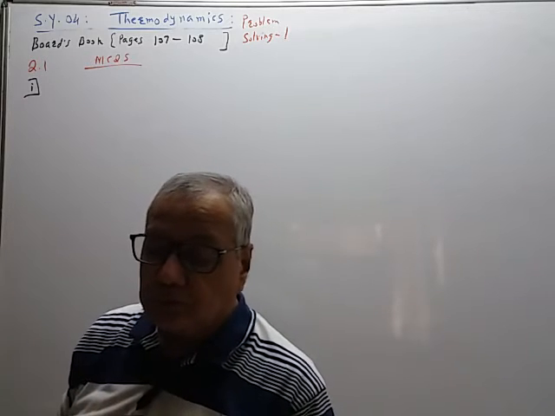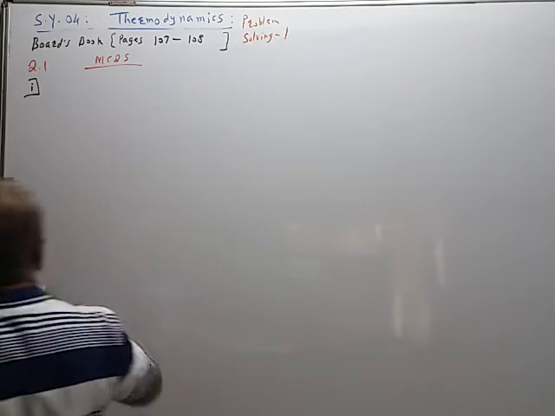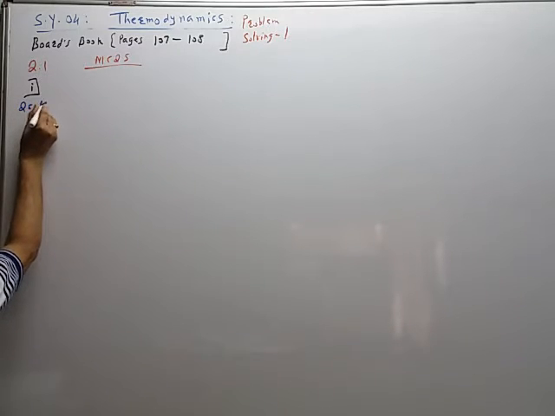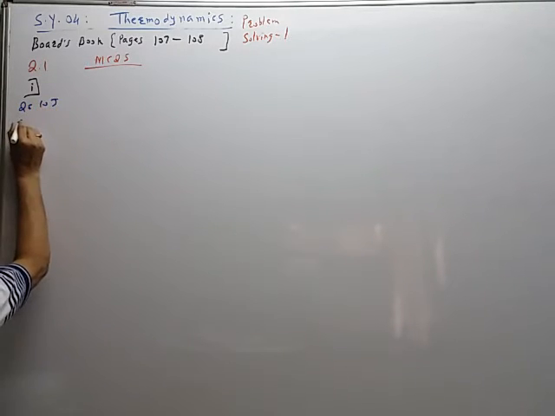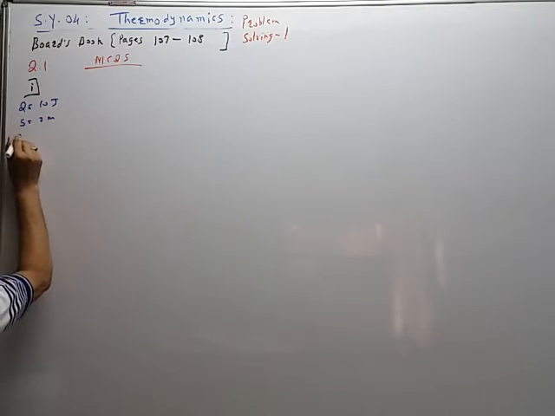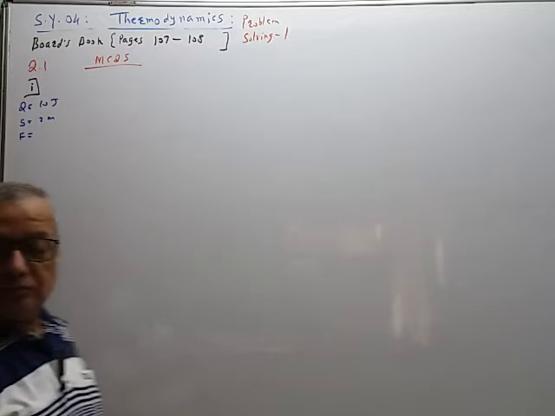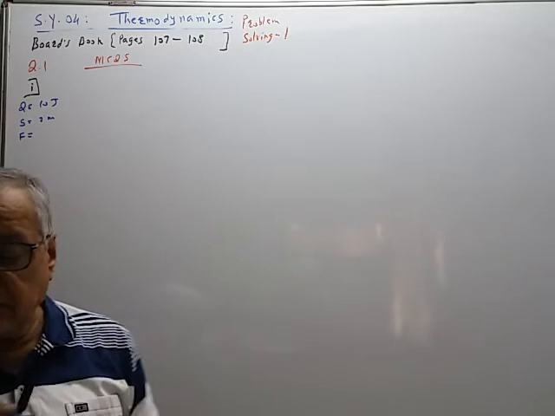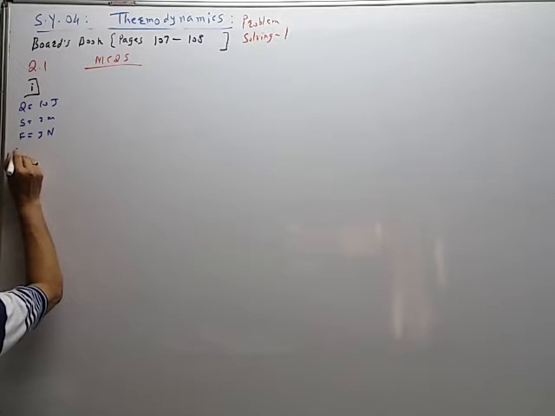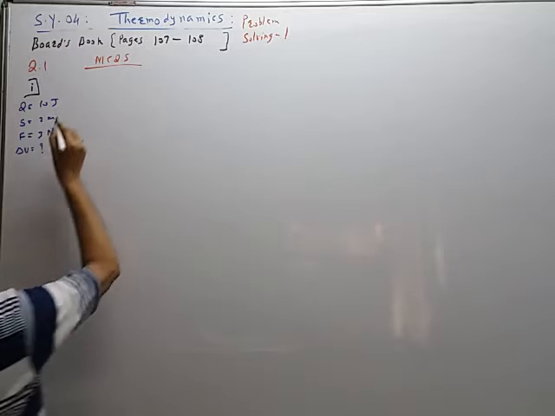Q is equal to 10 joules, amount of heat energy supplied. Displacement S is equal to 2 meter. Force F is equal to 3 Newton. And delta U is equal to question mark.